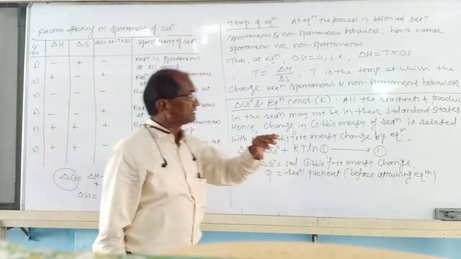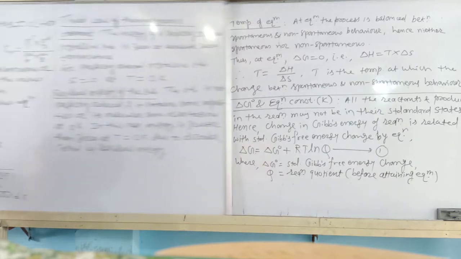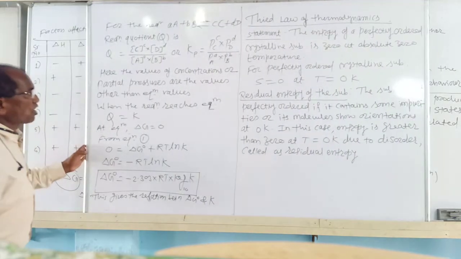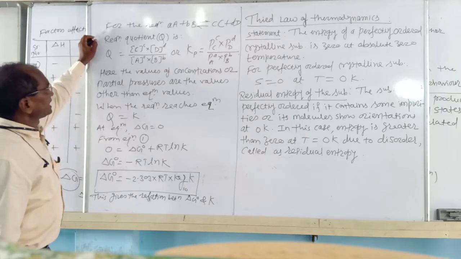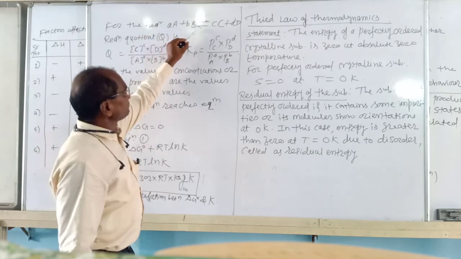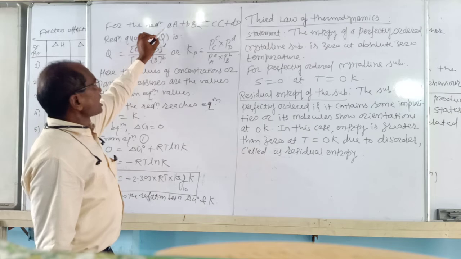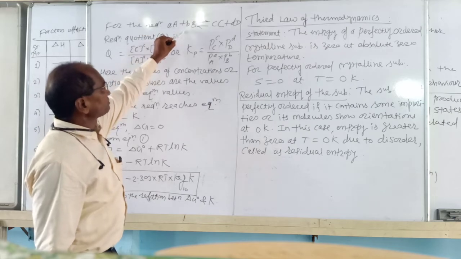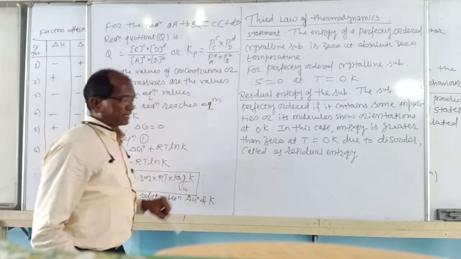That is called the reaction quotient and represented by the symbol Q. Consider a general example, reaction aA plus bB in equilibrium with cC plus dD. Small a, b are the coefficients of reactants and small c, d coefficients of products.